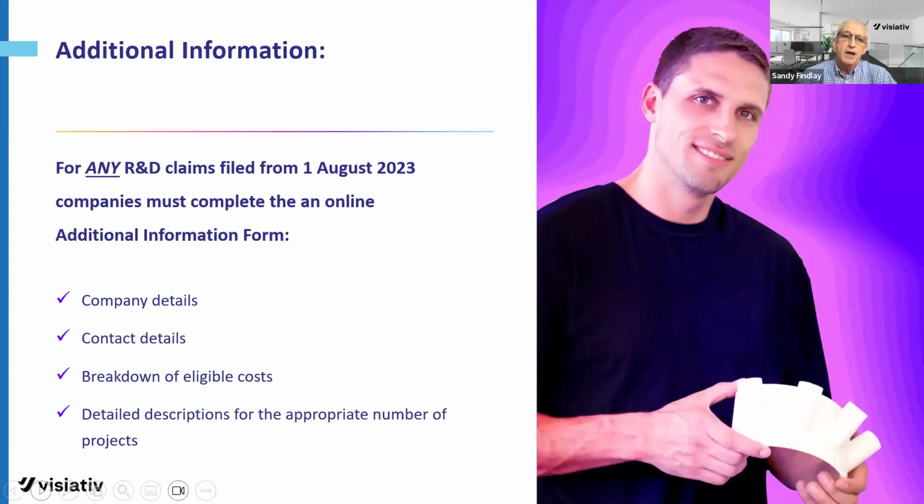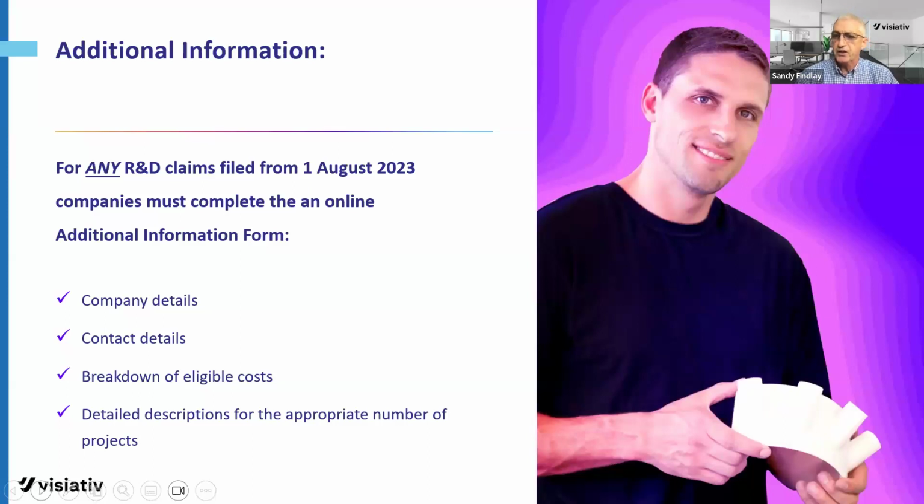And then the final part, which we think is probably the most onerous for most companies, will be detailed descriptions of the appropriate number of projects. So if you have 1 to 3 projects that you're submitting a claim for, they will ask you to complete a project report on all 3 projects. And that will have to, again, the detail is very important.